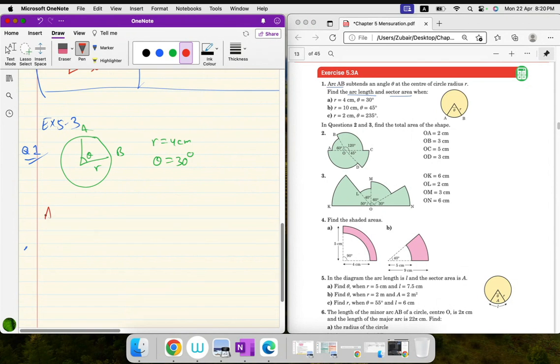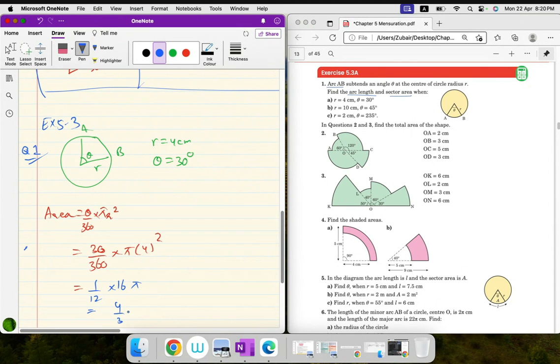So for sector area, formula is theta out of 360 of pi r square. Angle is 30 out of 360 into pi, and radius is 4 squared. Now the degree of accuracy will depend on the demand of the question. So 30 by 360 is 1 by 12 into 16 pi. 16 by 12 is 4 by 3.